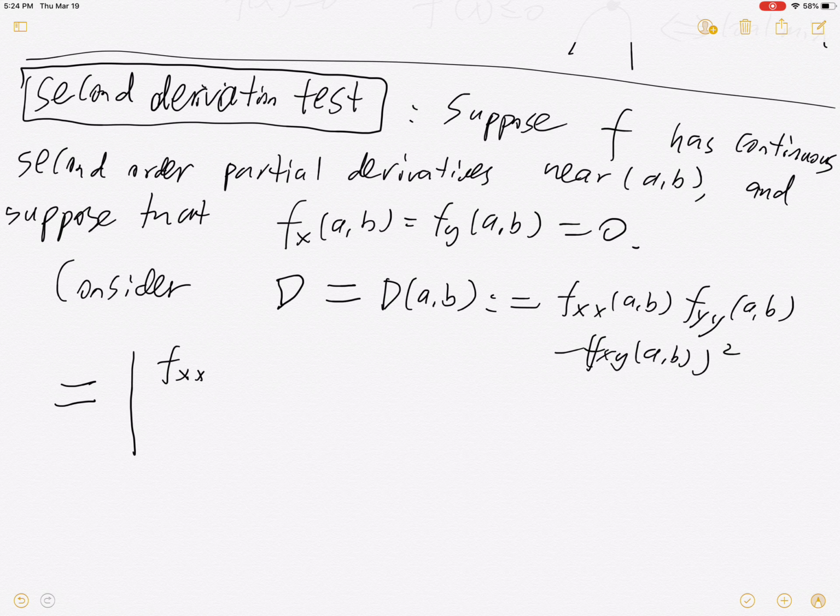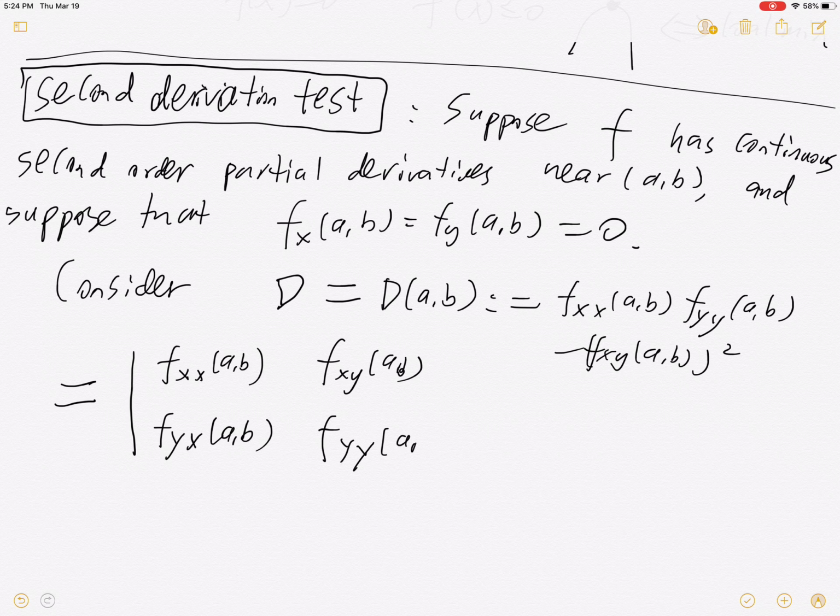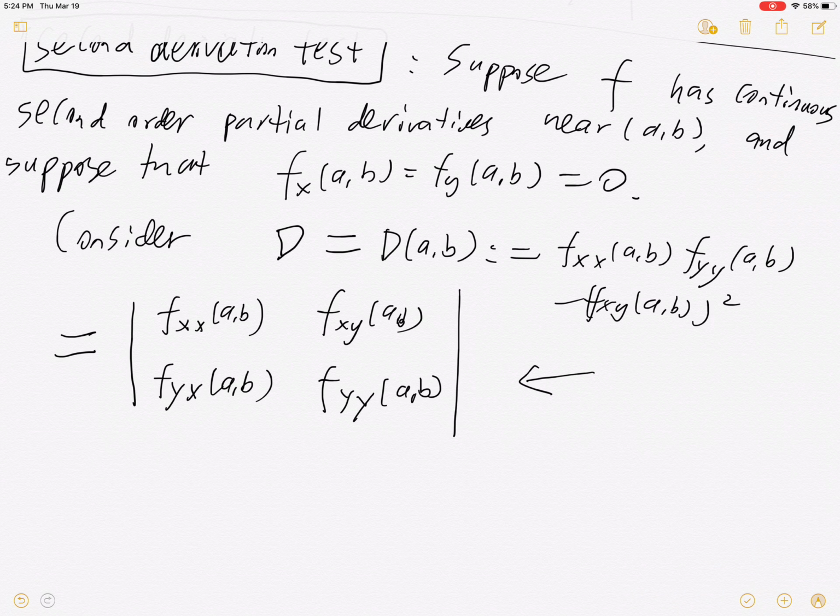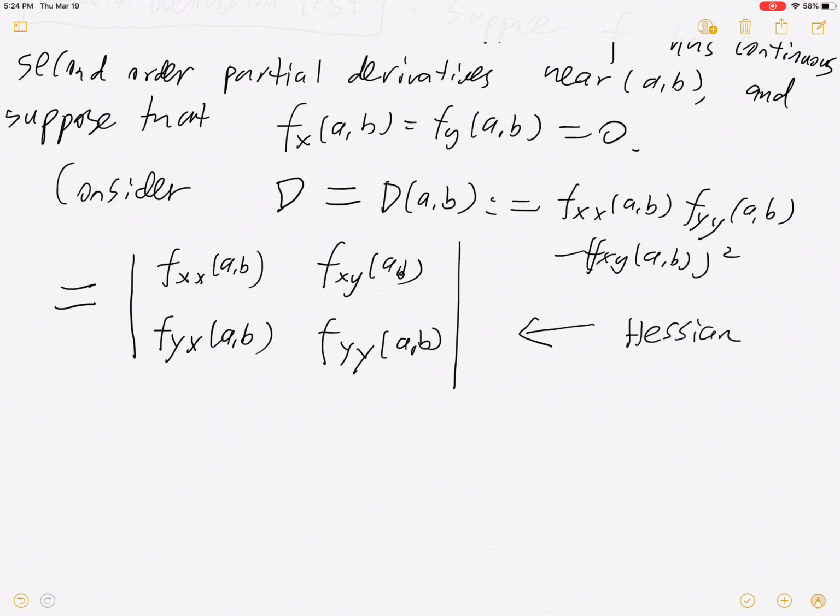Or if you like the matrix language, you can write it as a determinant of a 2x2 matrix. You don't need to know this, but the matrix is called the Hessian, and the determinant is called D here.